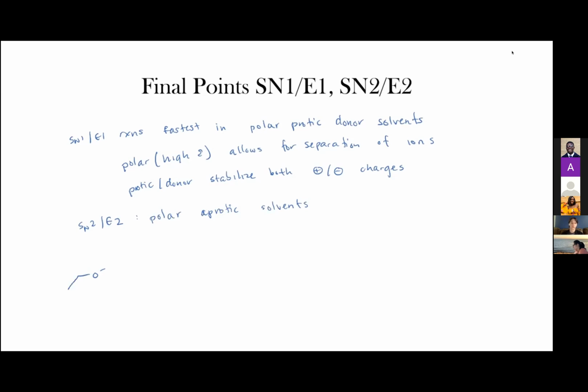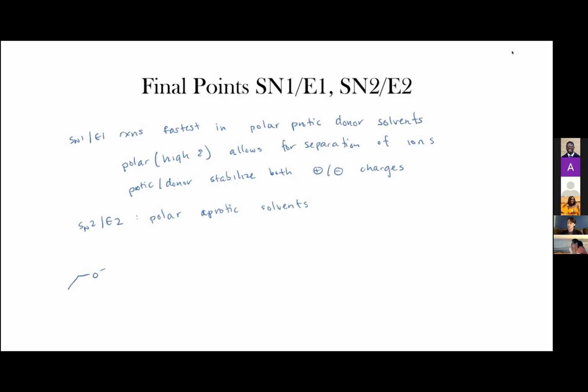For SN2 and E2 reactions, you need a strong nucleophile for the reaction to take place efficiently. That's why you want a polar aprotic solvent for SN2 and E2 reactions. Those hydrogen bonds are not able to stabilize the nucleophile, so the nucleophile can maintain its strength.